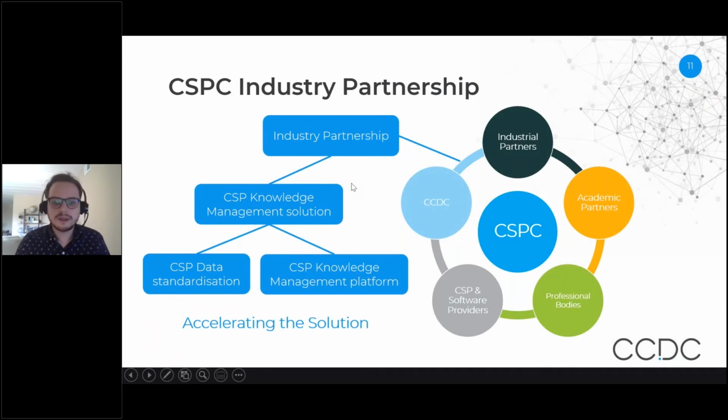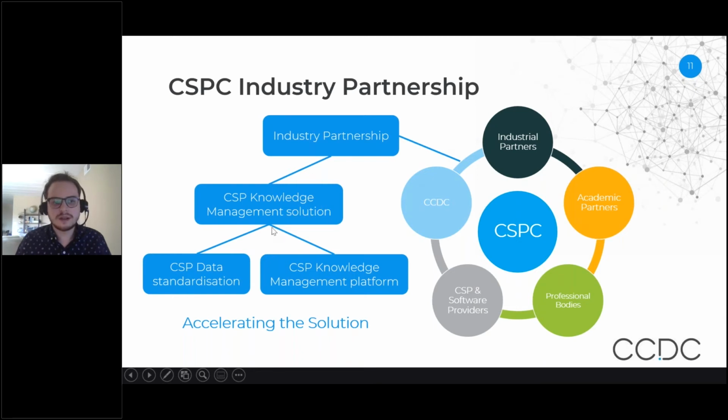And the way that we plan to manage this from a greater community perspective is we have our industry partnerships, which we also use our academic partners, our professional bodies, CSP and software providers, and the CCDC themselves, who all compose this greater CSPC, this consortium.